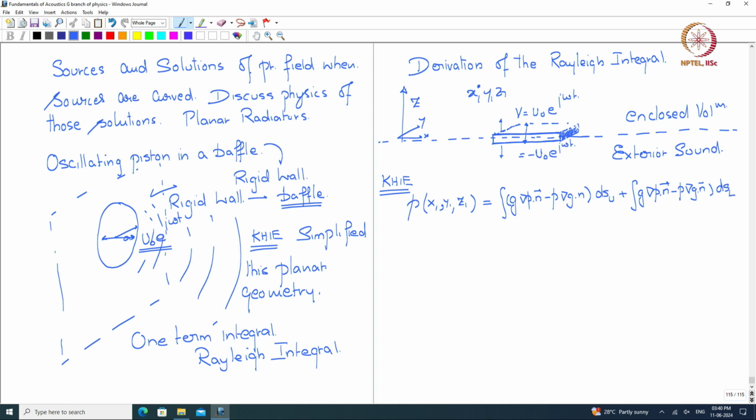And these side surfaces are very small, so they are being ignored, nothing much comes from there.